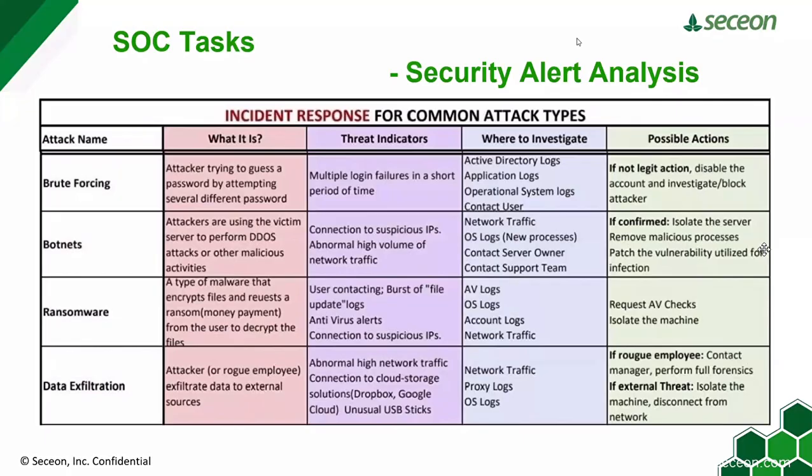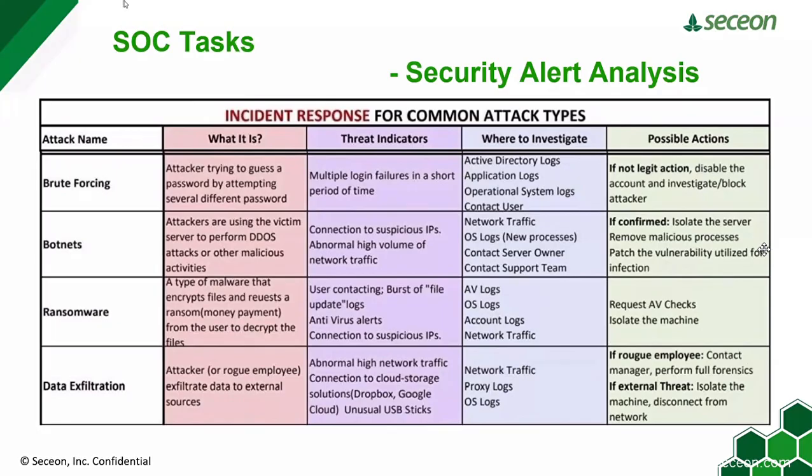These kinds of attacks are found using AV logs and OS logs, and need remediation on an immediate basis. Remediation could be regular antivirus checks and obviously taking immediate action of isolating the system, and so on. Similar is the case with data exfiltration.